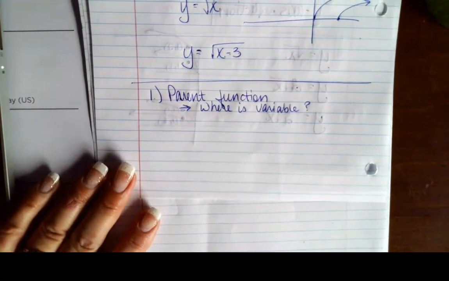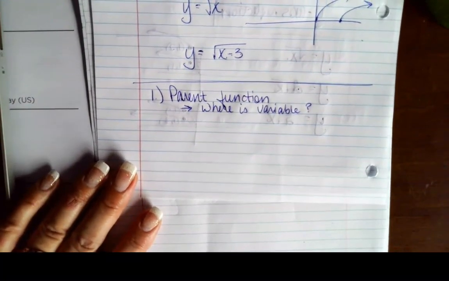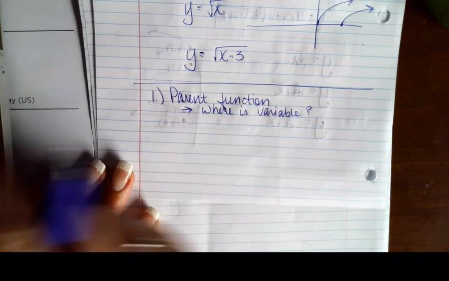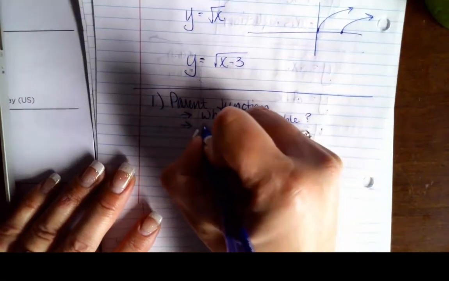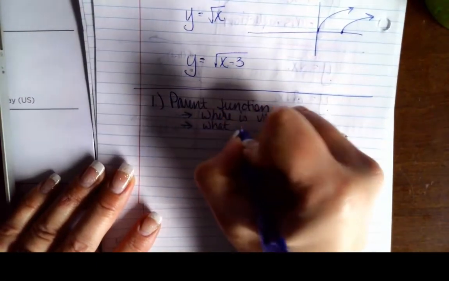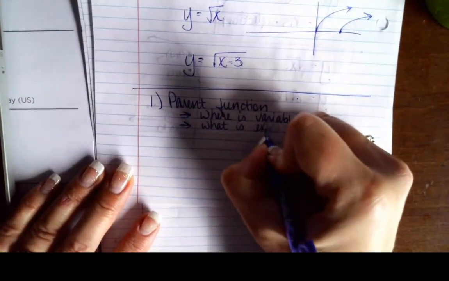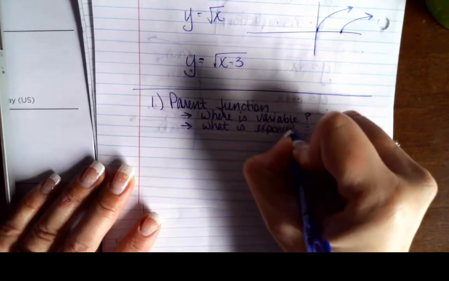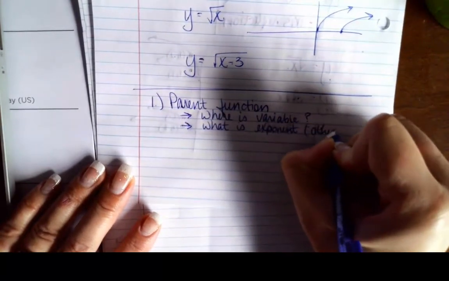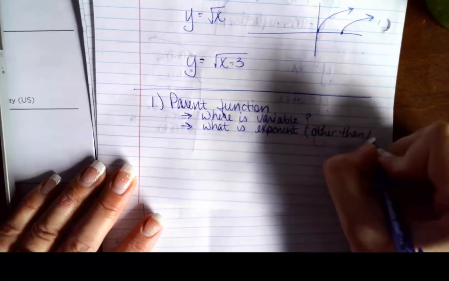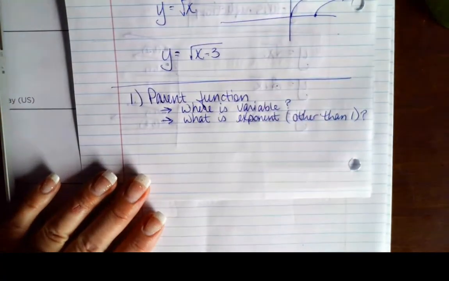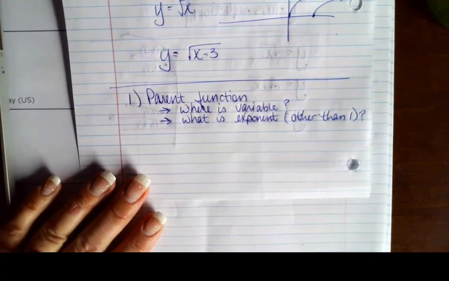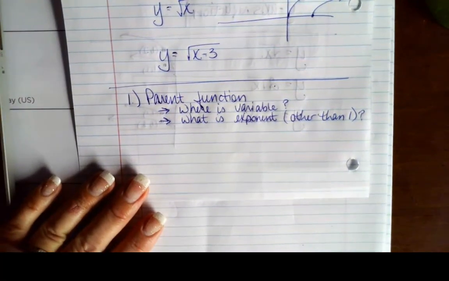Where is it? It may just be sitting there, okay? It may not be any place special, but I want to know where is your variable. The second question I'm going to have is, does it have an exponent other than 1? So what's the exponent on your variable? Is it something other than 1? And that's going to be an indicator of what my parent function is.